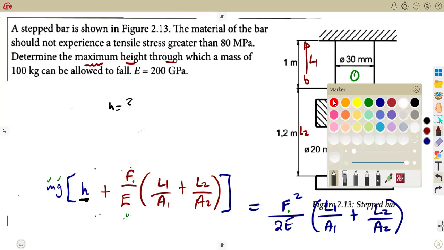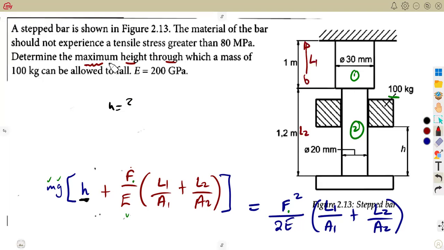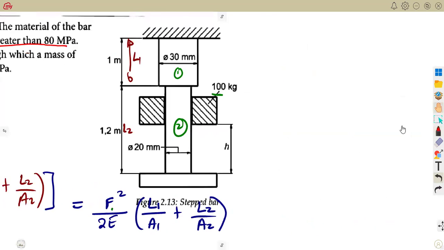So let's start with the force. As I was explaining, from the maximum stress, the material of a bar should not experience a tensile stress greater than 80 megapascal, which is from what?